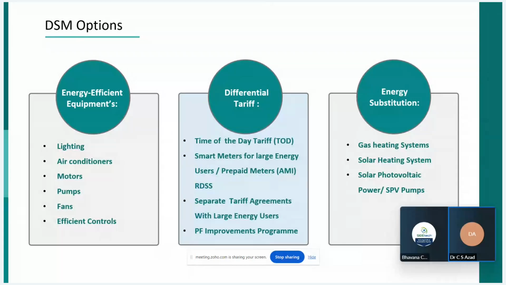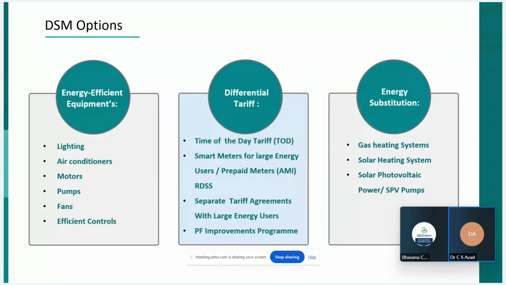This is one part of the story. All your LED lighting, 5-star air conditioners, star rated motors, pumps, fans, and controls such as occupancy controls are part of energy efficient equipment.